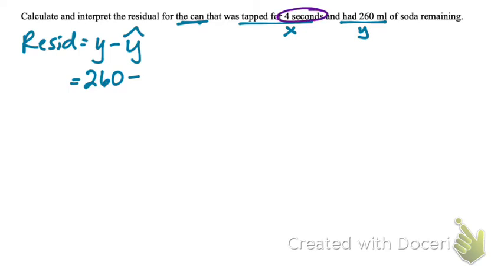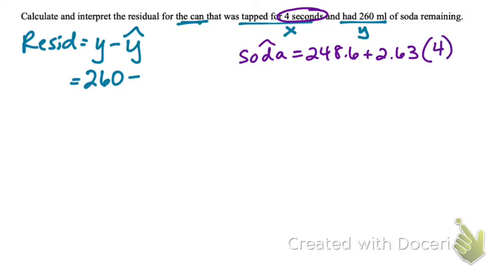From the other side of the paper, soda hat equals 248.6 plus 2.63 times x, and I plug in the x value of 4. If we calculate this, we get 259.12 milliliters. That is what the line predicts the can would have if we tap it for 4 seconds.